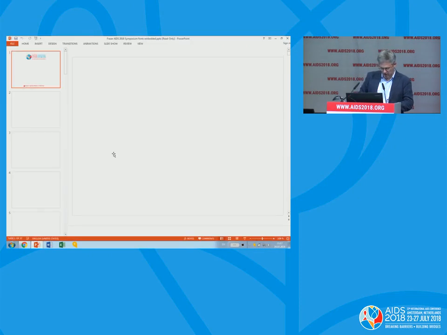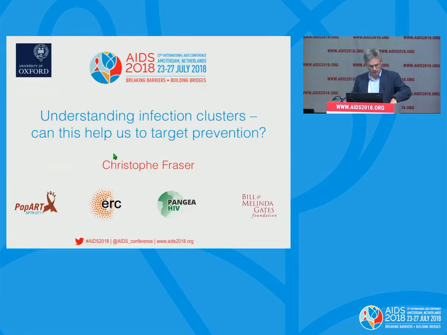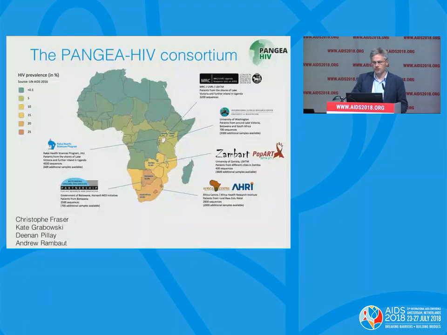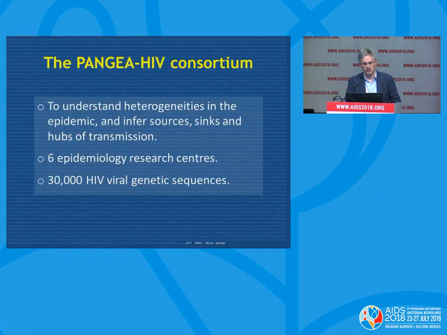Thank you. Okay, so I'd like to start by thanking the organisers very much for inviting me. I'll be talking about phylogenetics and how we can generate information that might help us in designing targeted prevention. I'm representing the Pangea HIV Consortium, funded by the Bill and Melinda Gates Foundation.